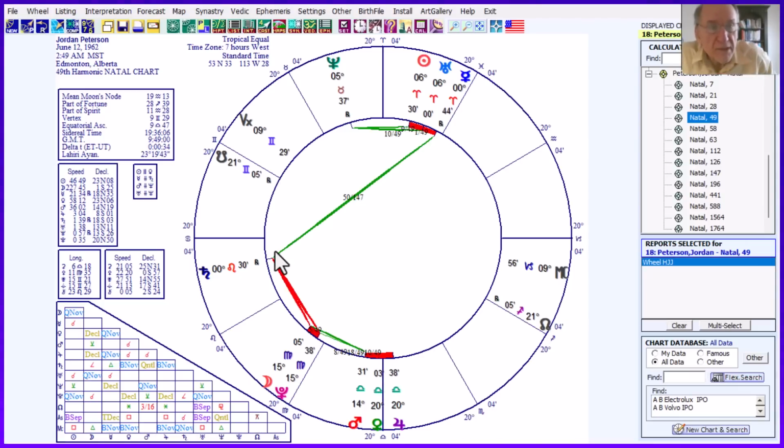This is how fractal vibrations work. You have a strong aspect. Look at this Mercury trine Saturn. It's a 14-minute orb. A small orb means it's going to stay strong. When I multiply by 3, it'll be 3 times bigger. That's still under 1 degree.